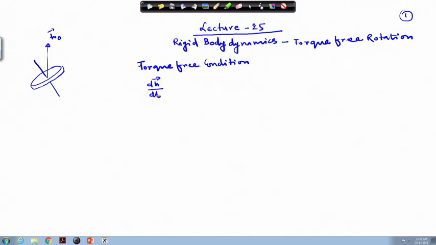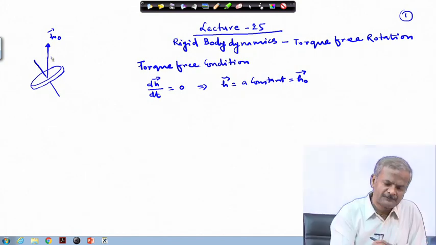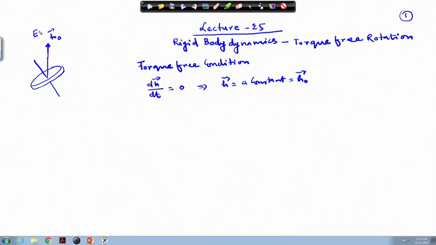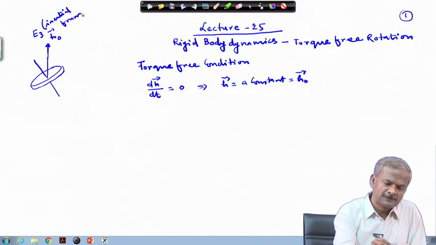dH by dt will be 0, and this implies H is a constant, and that is what we are writing as H 0. And let us assume that it is acting along this direction, which we are fixing as the E 3 direction, the E 3 which is the inertial frame direction.